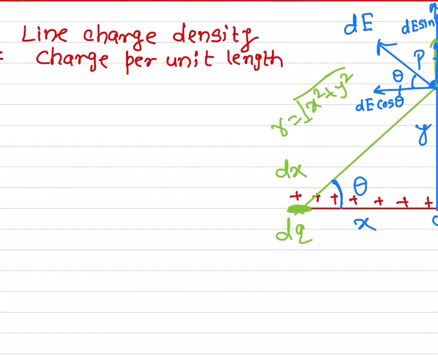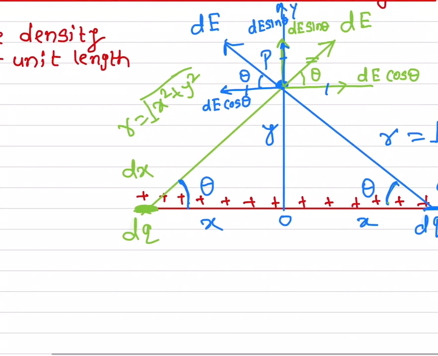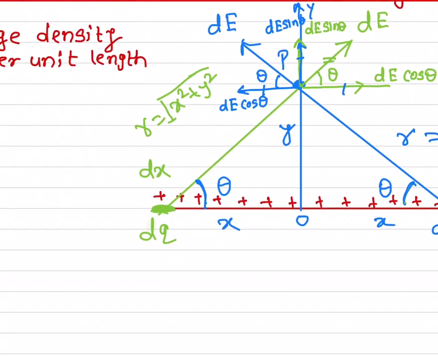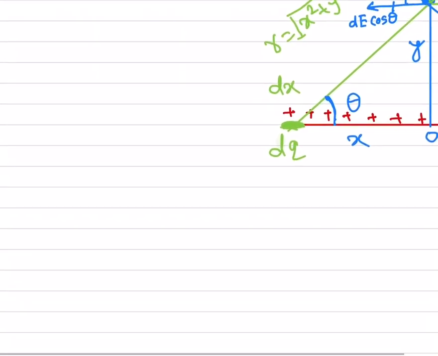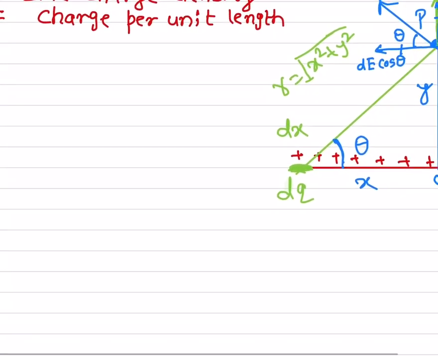Just remember, the horizontal components cancel out, and along the y-axis they have the same direction, so they add up together. So the total electric field is only along the y direction.